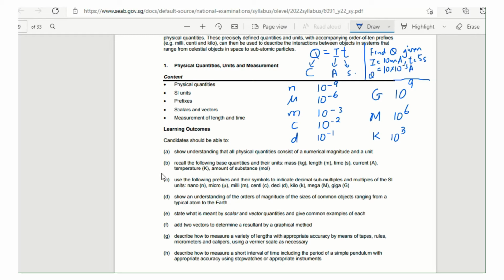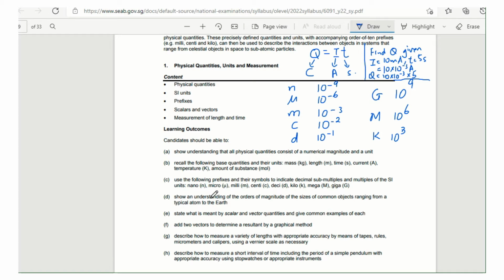Using Q equals IT, I can now take 10 times 10 to the power of minus 3 times time, which is 5. That is the more common use of our knowledge of these prefixes in your O-level physics exam.